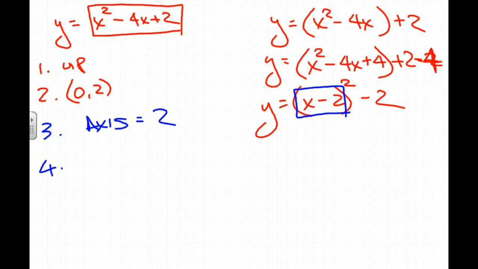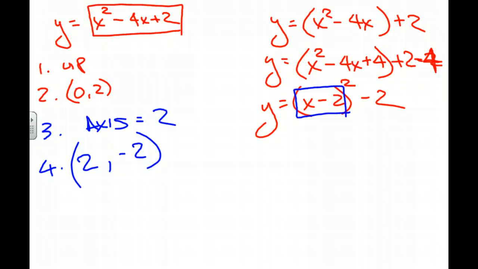In 4, what I'm looking for there is my y-coordinate of my vertex. It's -2. So my y-coordinate of my vertex is -2. What's my x-coordinate of my vertex? 2. It's always the axis of symmetry. Why is the first one not a negative?